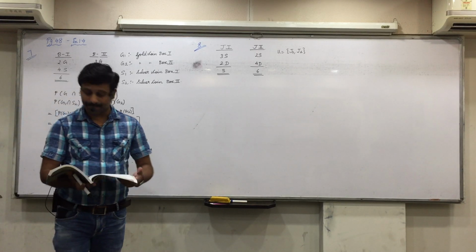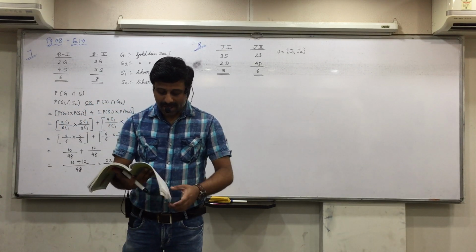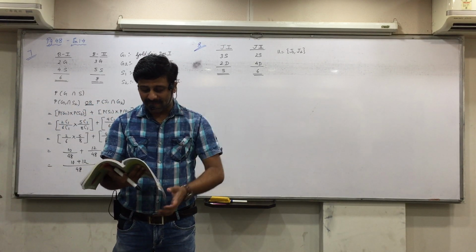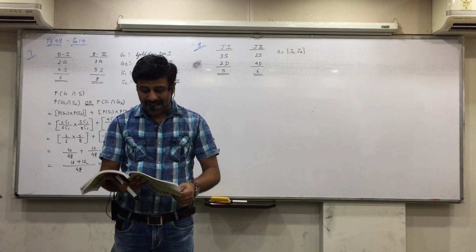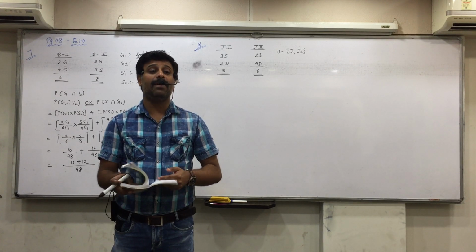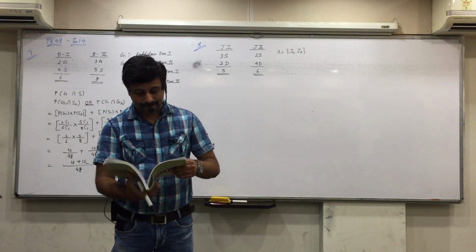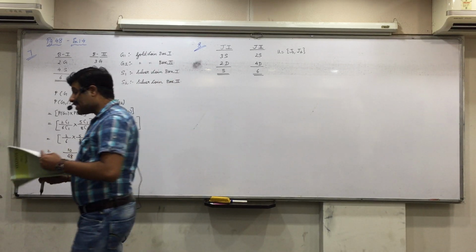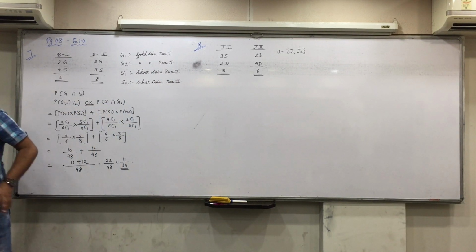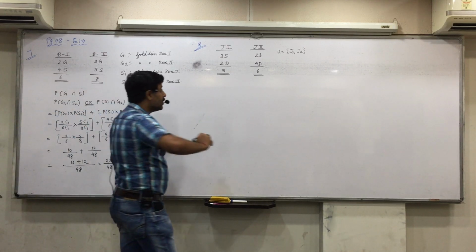Any confusions? Further, one joint family is selected from two joint families and a child is randomly selected from that family. So first you select a joint family, then you select one child from that. Find the probability that the selected child is a girl. Now there are two possibilities.